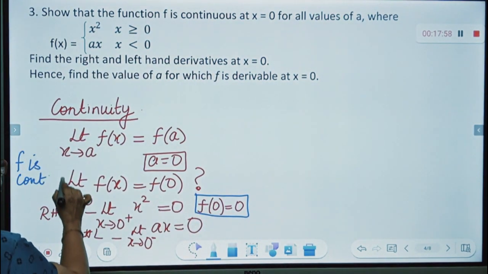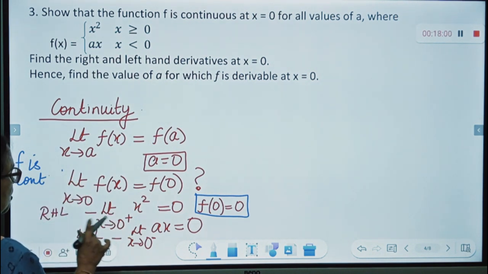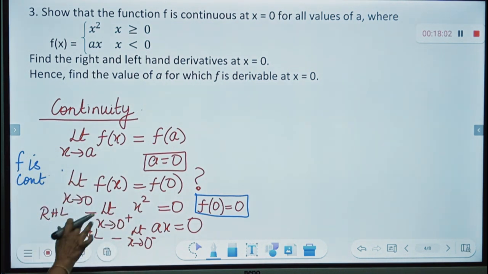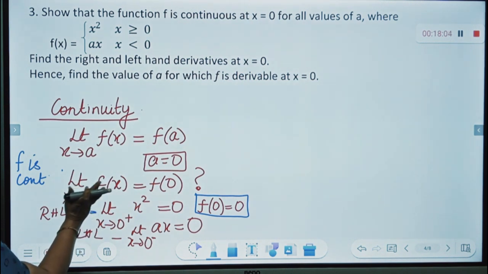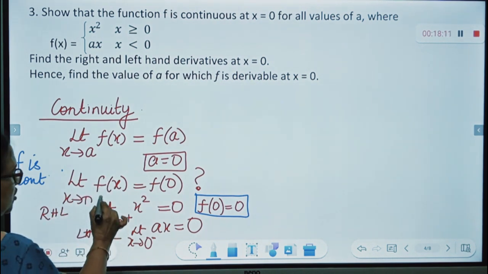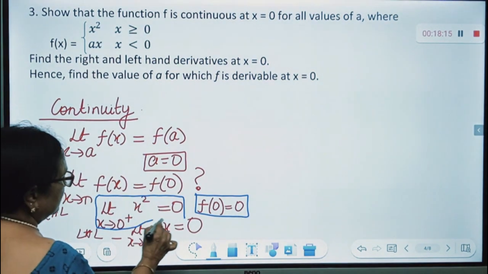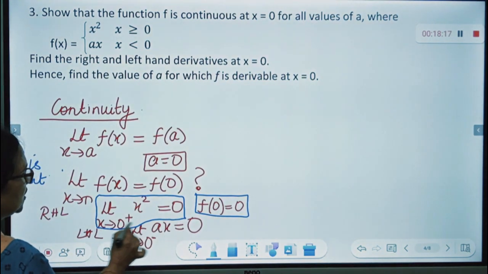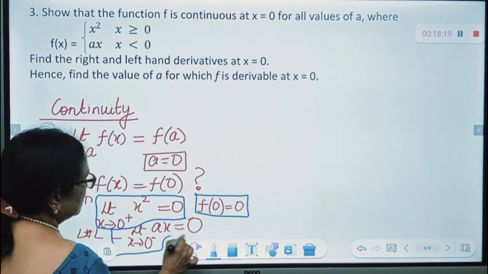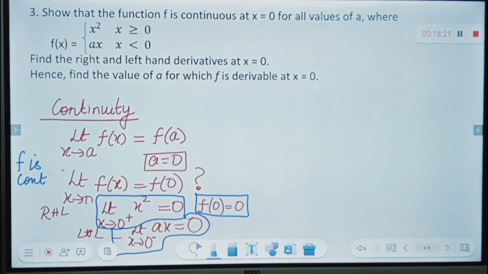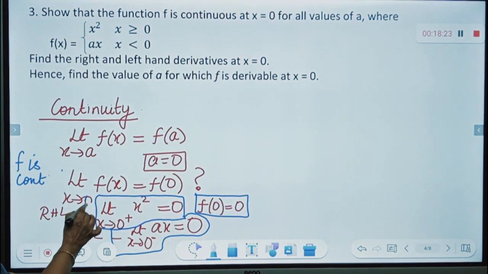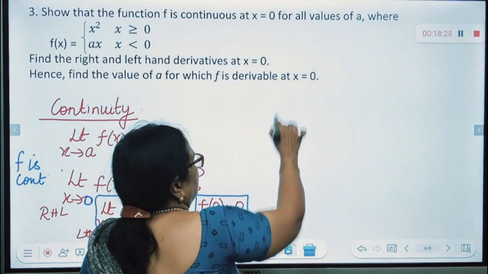Limit x tends to 0 plus of x square is 0. Limit x tends to 0 minus of ax is also 0. Is it clear? Now let us check differentiability.